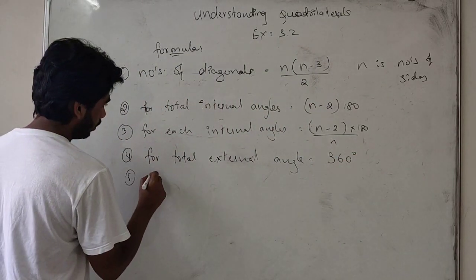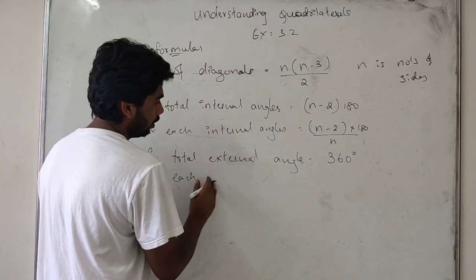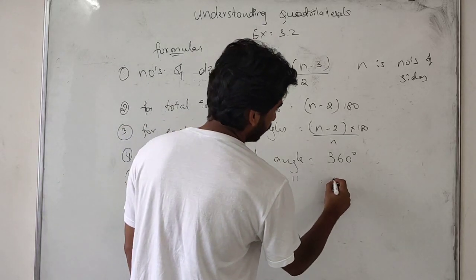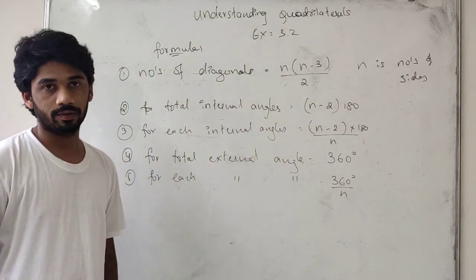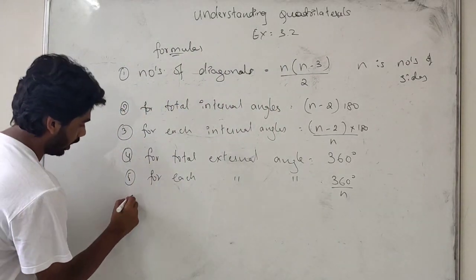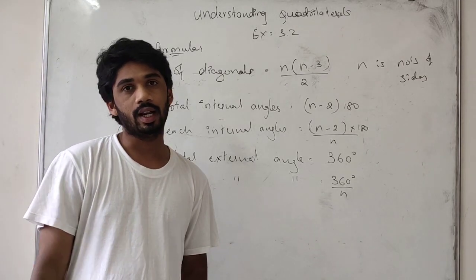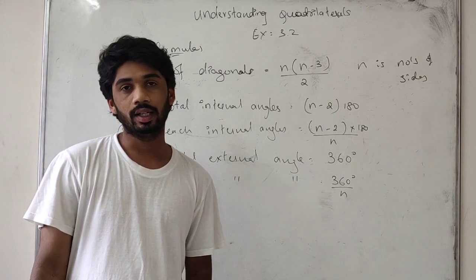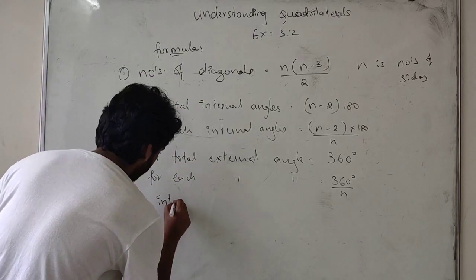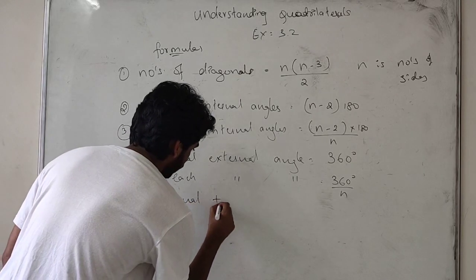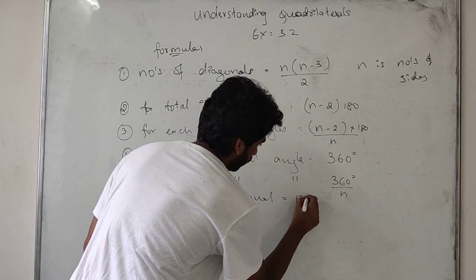Fifth one, for each external angle we take 360 divided by n, where n is the number of sides. Next, the last one: internal plus external angle is equal to 180 degrees.